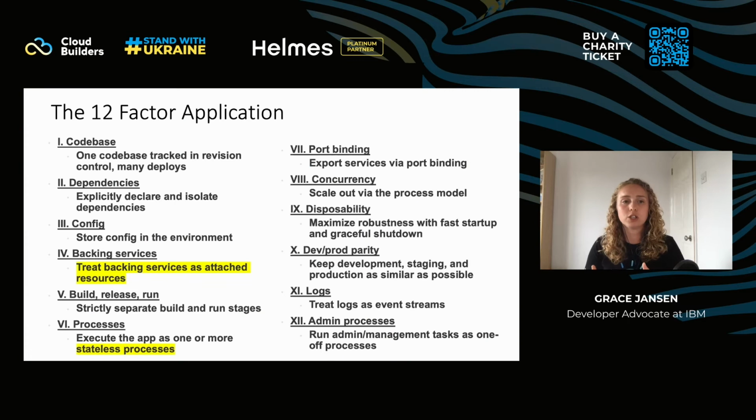And one methodology that's often quoted for this is the 12-factor application methodology, which really lays out key aspects of your application that you should be following or considering if you're trying to achieve these characteristics. Well, when we start to look at methodologies like this, we start to notice sentences like treat backing services as attached resources, or for example, execute the app as one or more stateless processes.